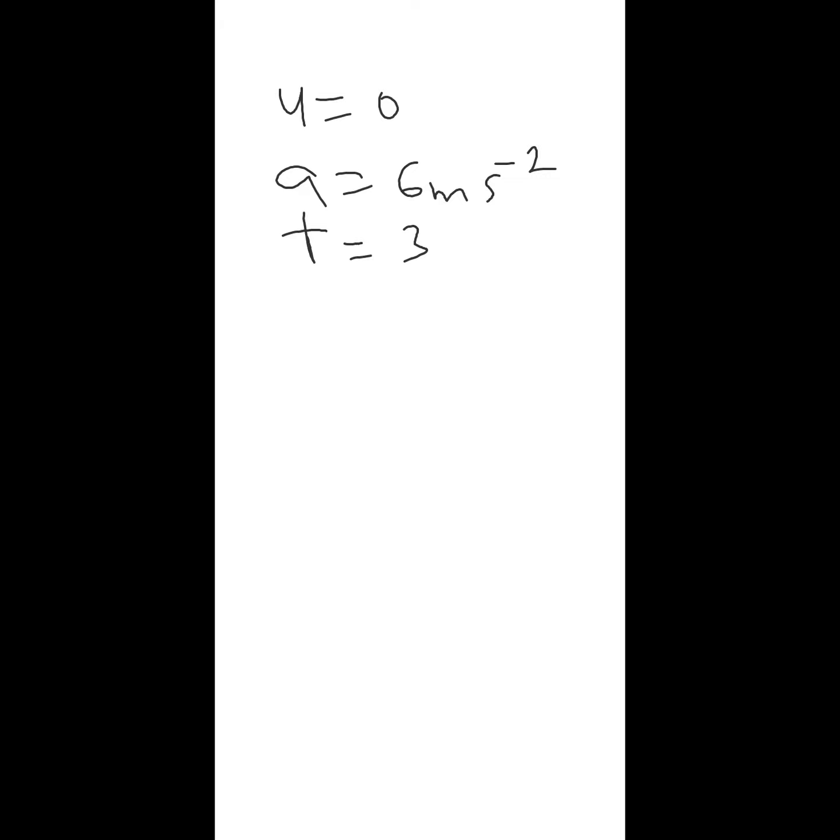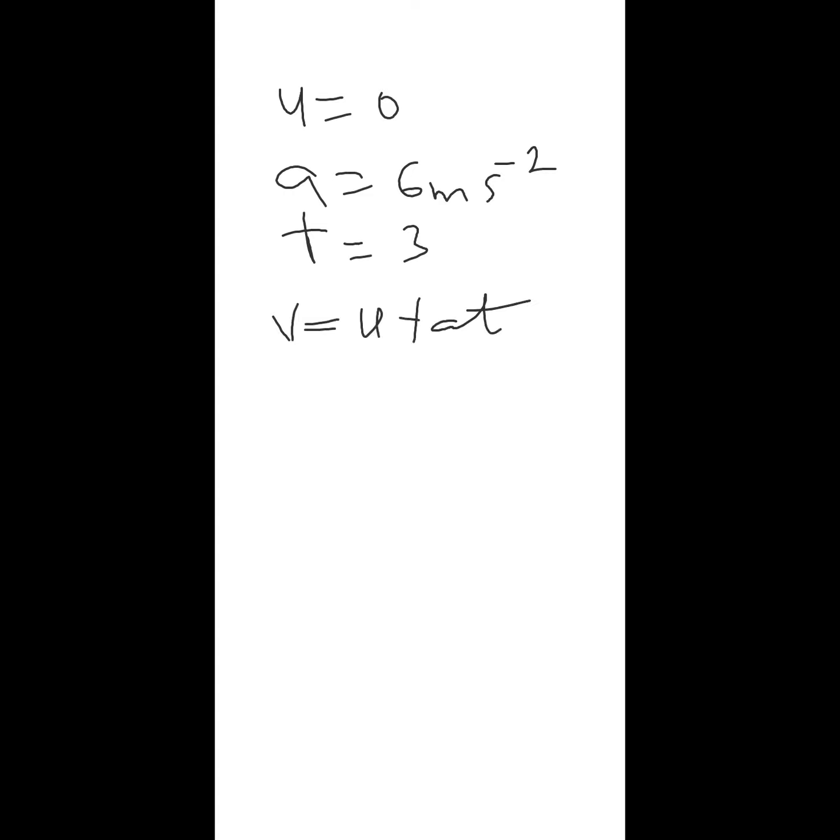You remember that we can use, for each of the seconds, I want you to pay attention to this, V is equal to U plus AT. All right? Pay attention to that.